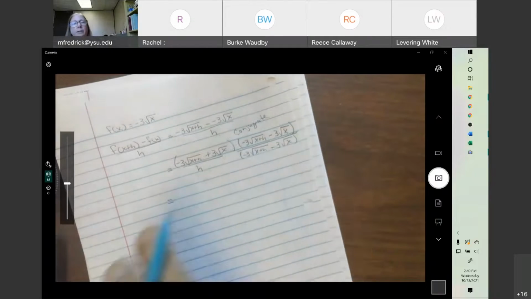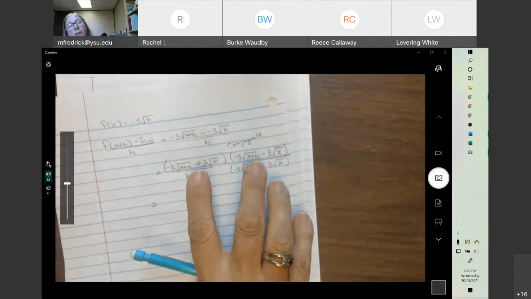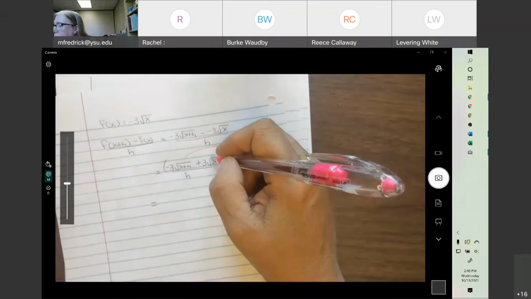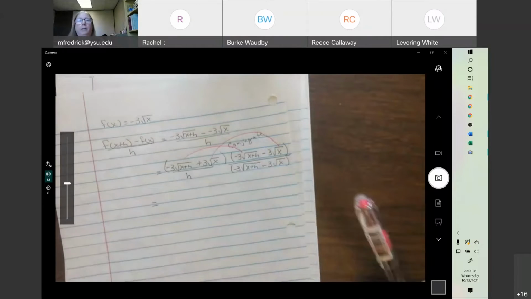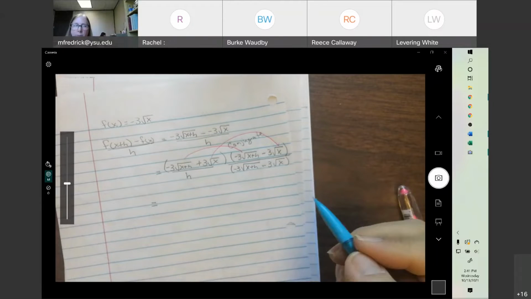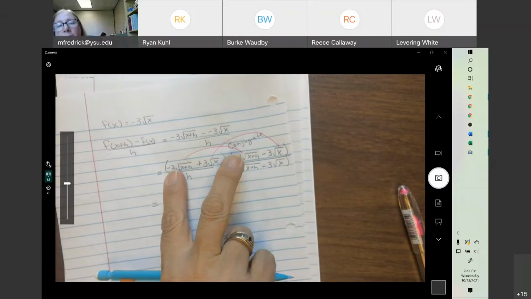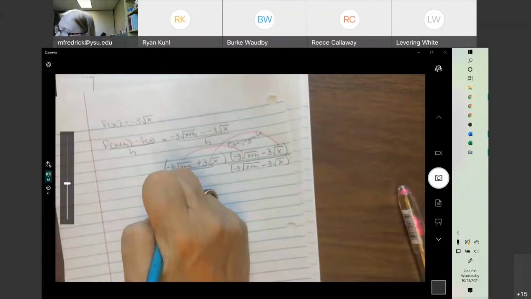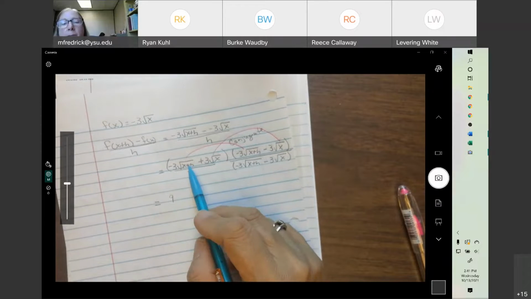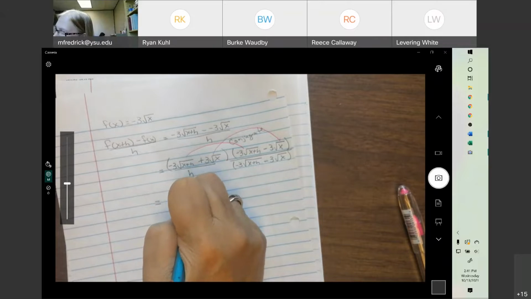Now on this part, when you're foiling it, because it's the conjugate, you only have to multiply the first two and the last two. You don't have to worry about outside and inside. They cancel. So we multiply these first two. -3 times -3 is a +9. And then the square root of x plus h and the square root of x plus h is x plus h.